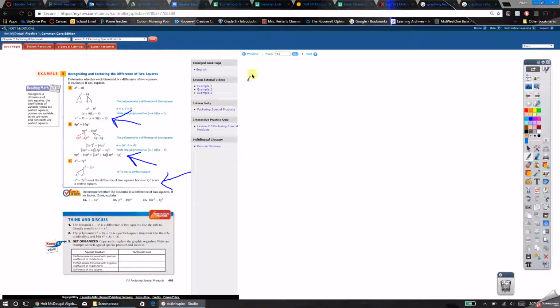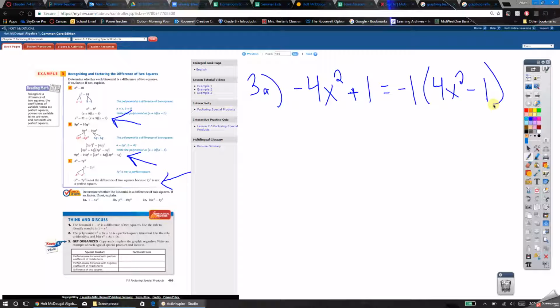So 3a, I'm going to switch the order of that to negative 4x squared plus 1. And then I'm going to factor out the negative 1 to give it 4x squared minus 1. And then I'm going to tell you an answer of no, it's not a perfect square, because negative 1 is not a perfect square.